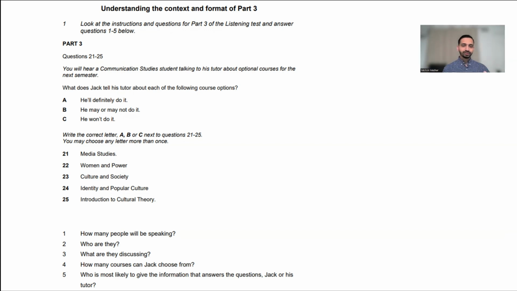Now, I want you to pause the video here and read the questions below from 1 to 5 and answer them. Question 1, how many people will be speaking? Who are they? What are they discussing? How many courses can Jack choose from? And who is most likely to give the information that answers the questions, Jack or his tutor? Pause the video here, and when you come back, we're going to review the answers.